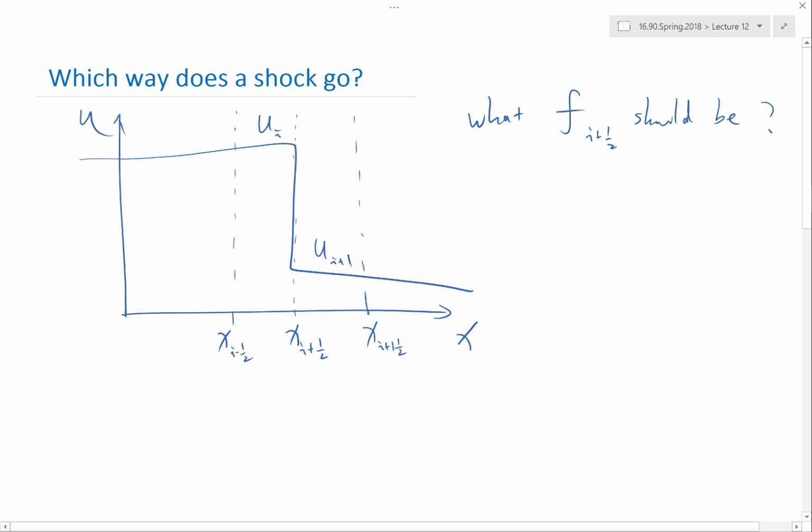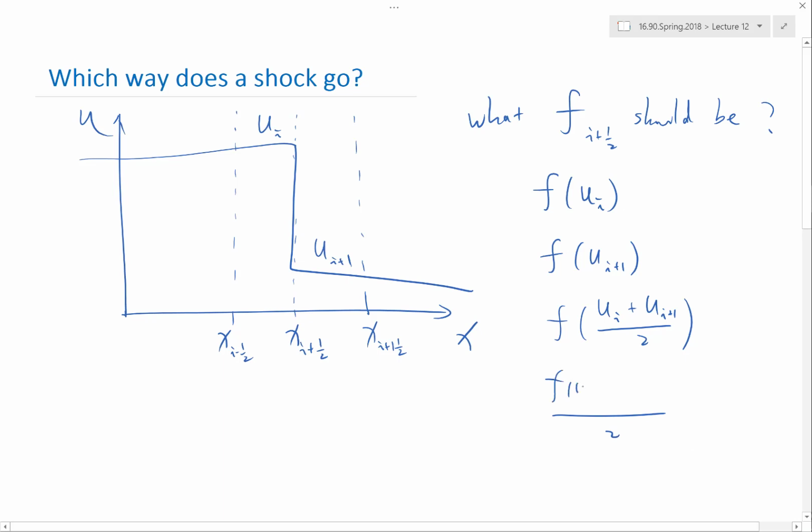So if u_i and u_{i+1} are very different, then if I evaluate the flux function at u_i, or at u_{i+1}, or at the average of them, or if I just average the flux, all four of them are very different.